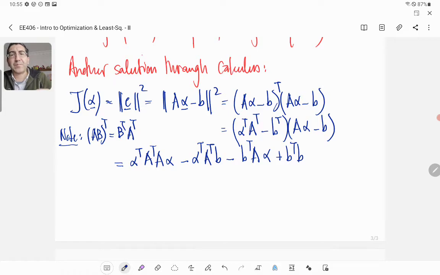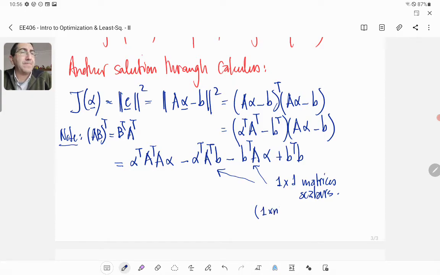Now these two terms are one by one matrices, scalars. Why is that? Take a look at the sizes. Alpha was n by 1, so alpha transpose is 1 by n.